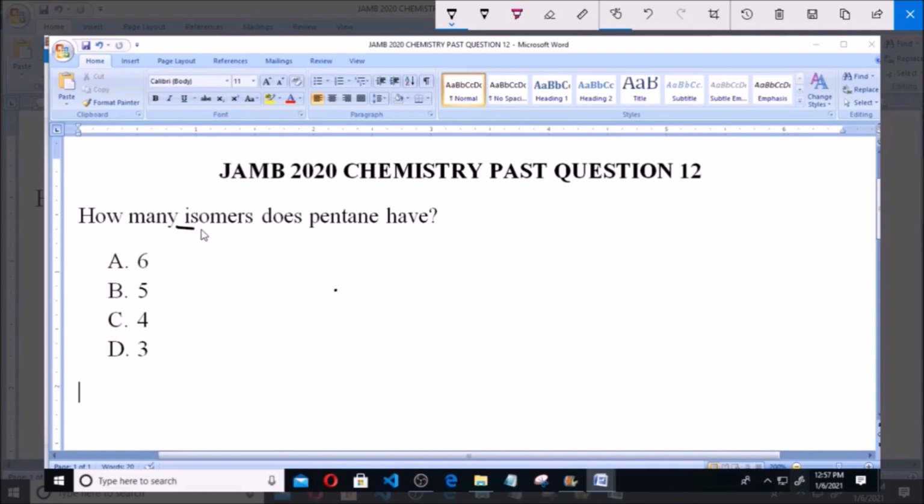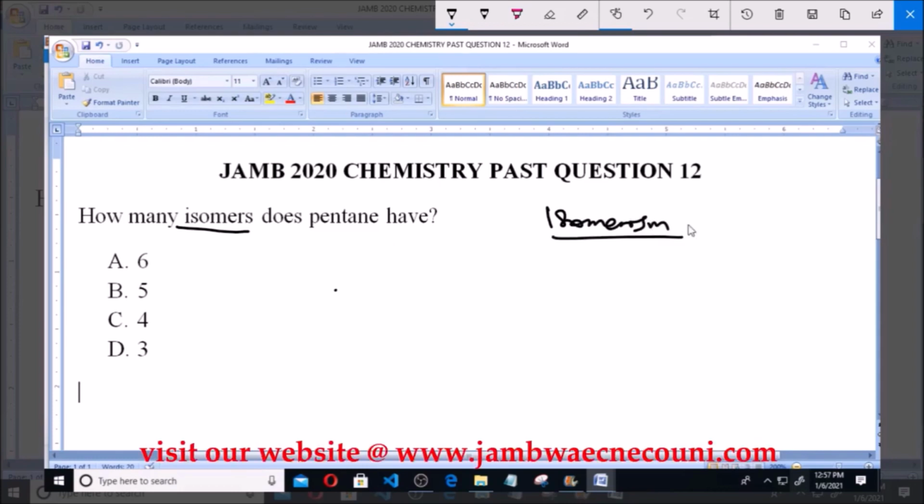Now what are isomers? Isomers are compounds having the same molecular formula but different structural formula, and the phenomenon is known as isomerism. So when you hear of isomers, we're talking about compounds with the same molecular formula but different structural formula.